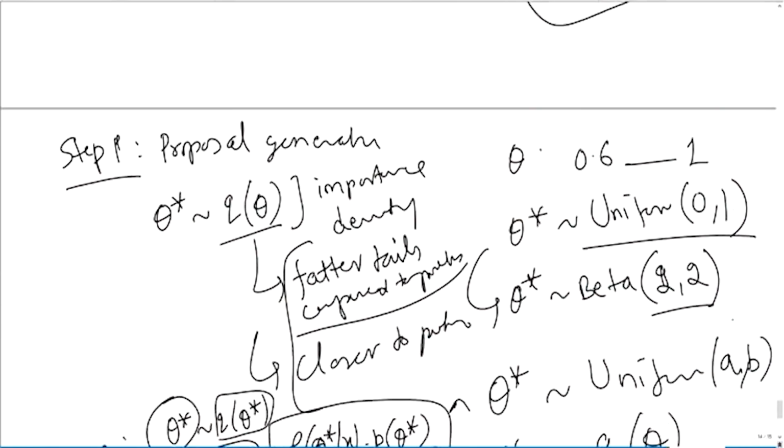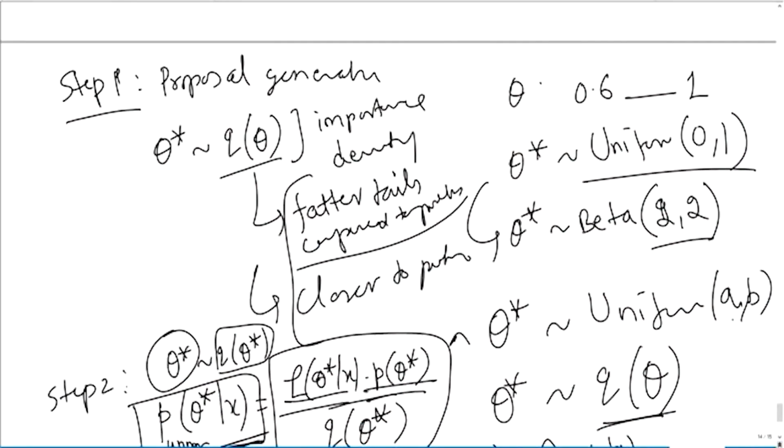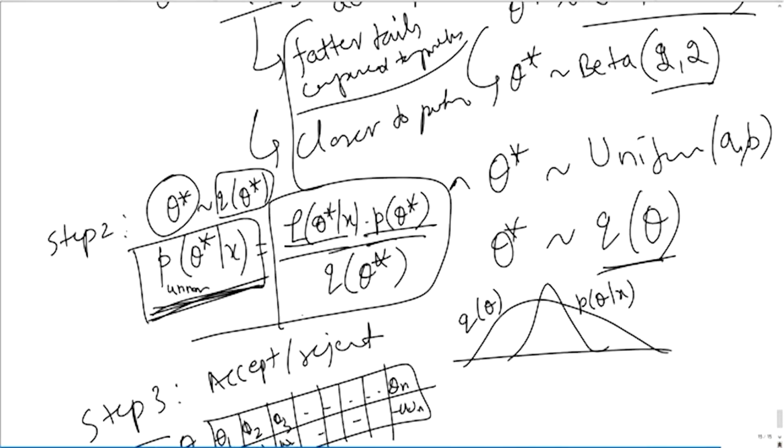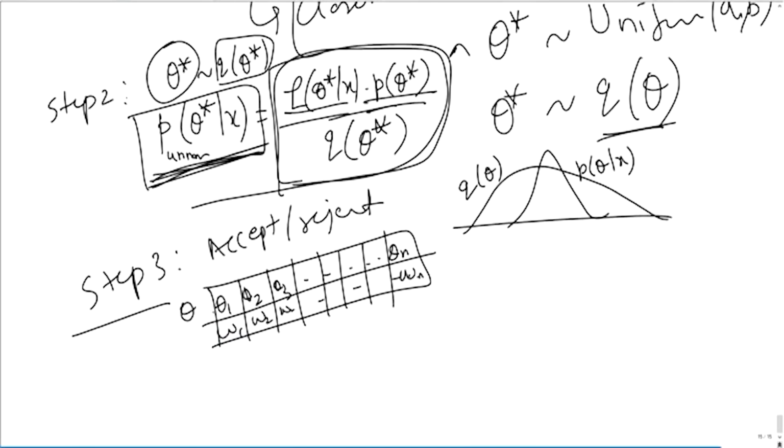So what happens in importance sampling is that you decide a proposal density q of theta, which is closer to the posterior, at least it covers the entire posterior, and you draw samples from that proposal density or importance density, and then you evaluate the proposals using this weighting function, and then you accept or reject the sample in the same way. So this approach will do slightly better, especially when you have two parameters, right? But there are still problems with this approach.